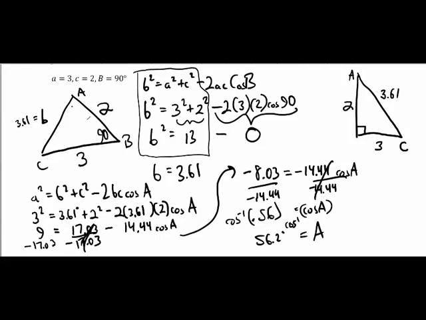So it looks like angle A is 56.2 degrees, which is pretty nice. And then what we're going to do is take the missing angle here and subtract from 180. So 180 minus 90 minus 56.2 is 33.8 degrees. Sorry, it's a little messy.